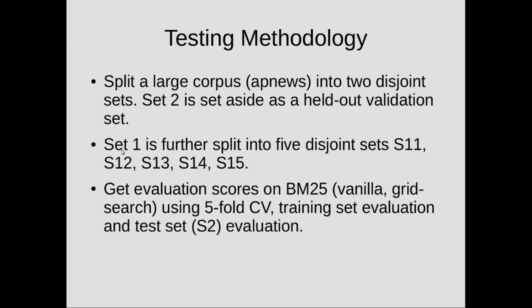Now set 1 also has 80,000 documents, but it's further split into 5 sets, which are the training sets, right? So each of them will have around 16,000 documents. Then we're going to carry out 5-fold cross-validation, which means that each of the 5 training sets will be further split into 5 folds.